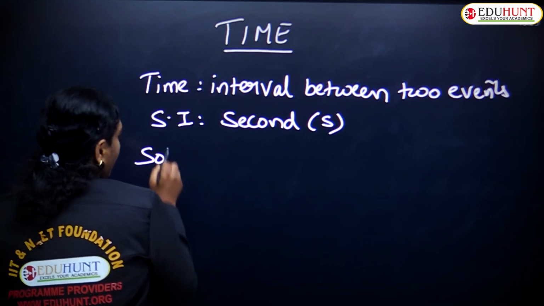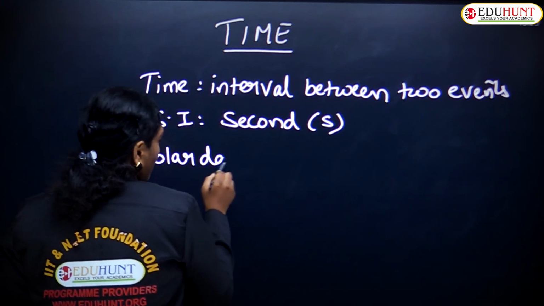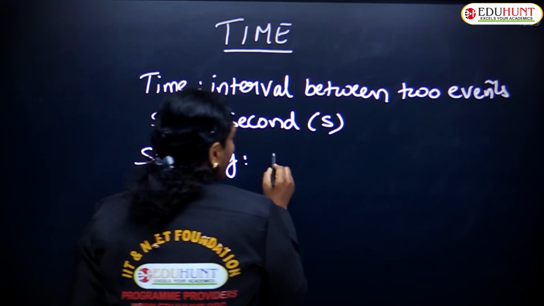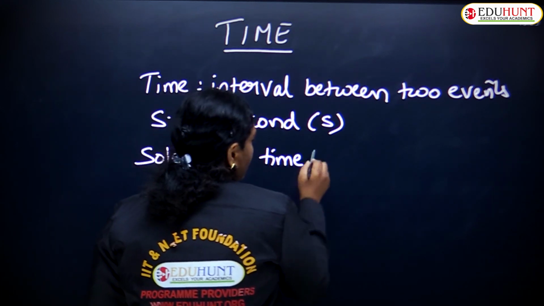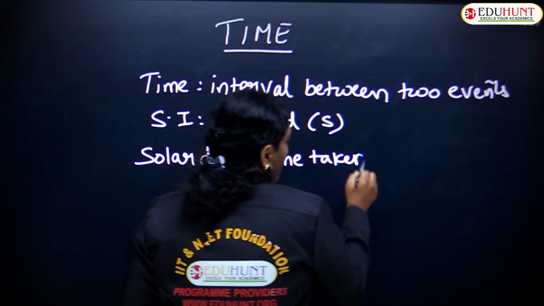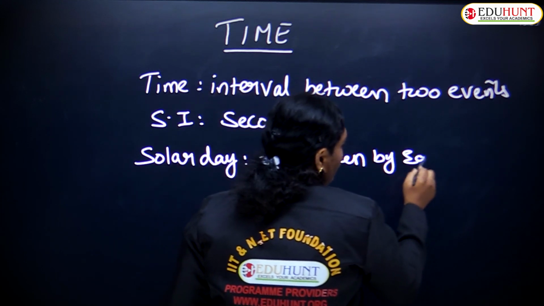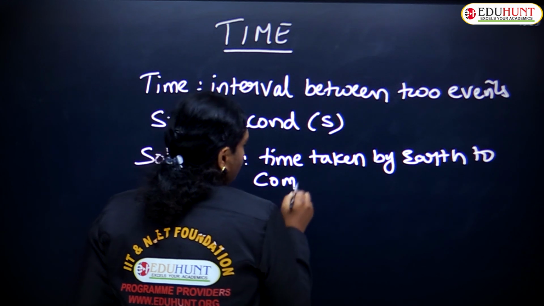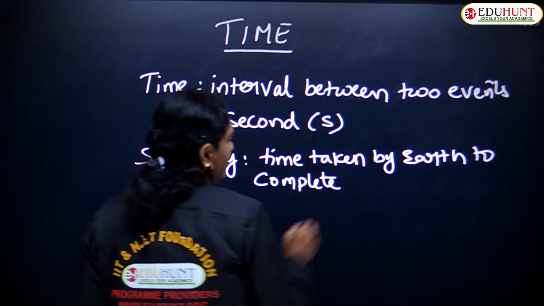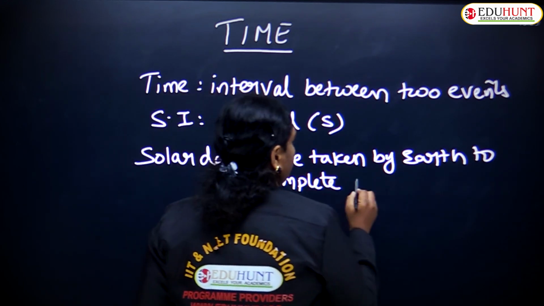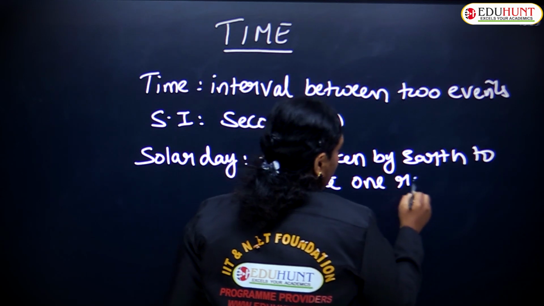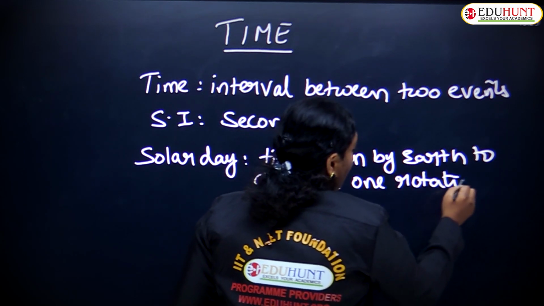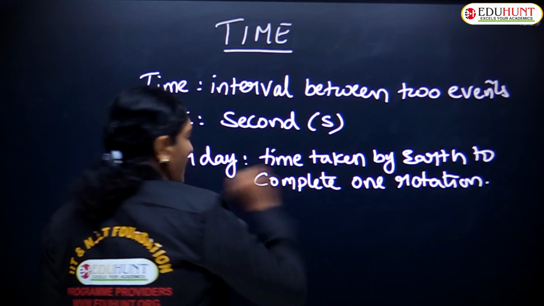So, solar day, what is a solar day? Time taken by the earth to complete one rotation. It is generally counted from noon to noon. About its axis.